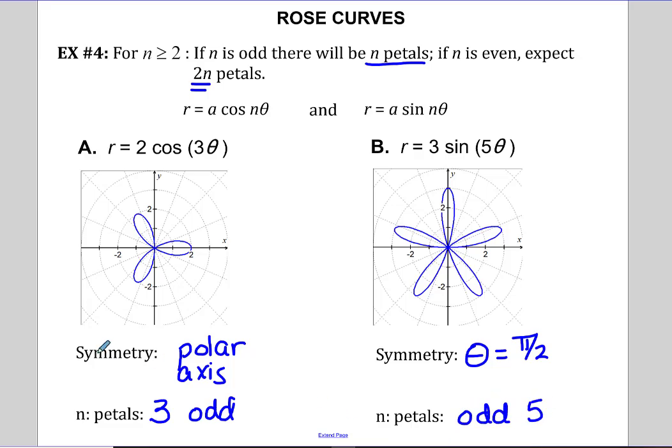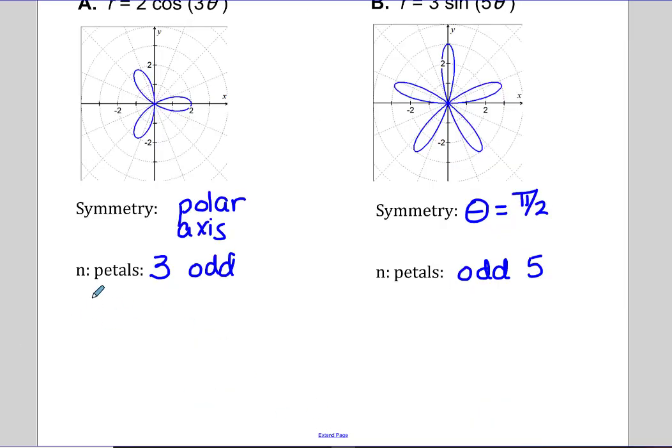Now, how do we know where the petals go? Well, if you take 360 degrees for one complete revolution, and we divide by the number of petals, that tells us every 120 degrees we'll have a petal. So starting with our polar axis symmetry, then 120 degrees away from that, and then again at 240 degrees, and then back to 360.